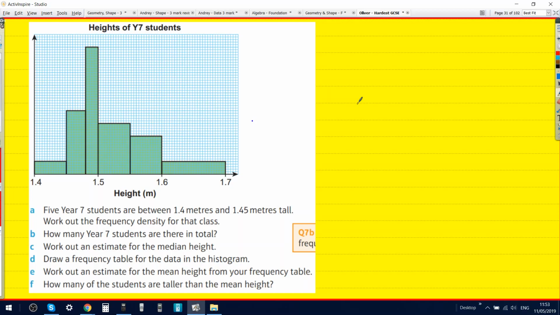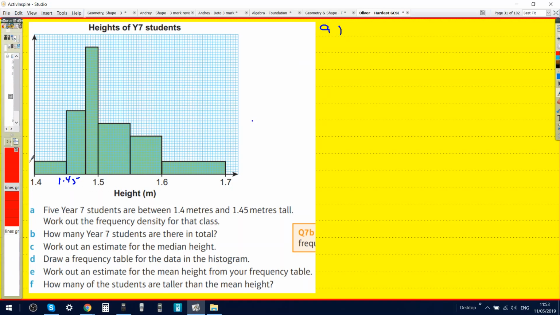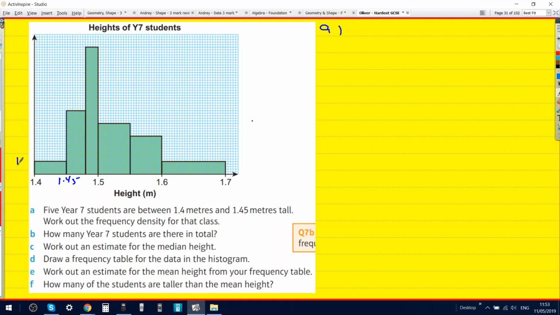So 5 divided by 0.5, which is just 10. So hang on. The frequency is 5, the width is 0.5. Yeah. So it's 10. And then you would get the total. I think you're okay for there.